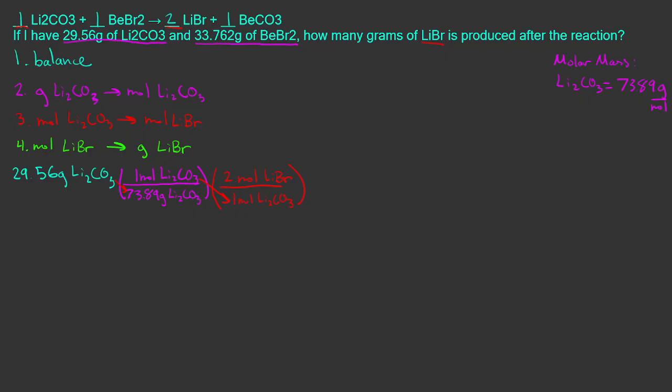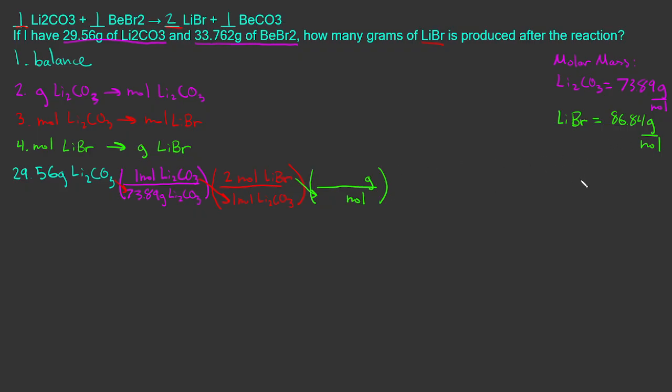Finally, our last step is to go from moles to grams. Since we have moles down here, we want grams up here, so we need the molar mass of LiBr, which is 86.84 grams per mole.